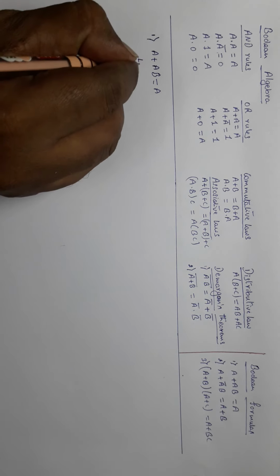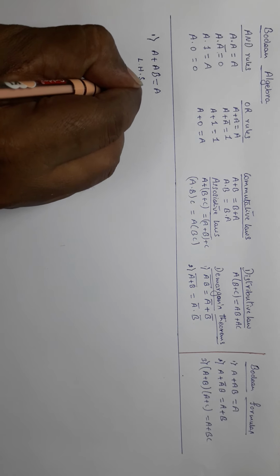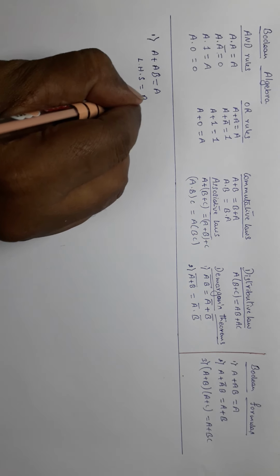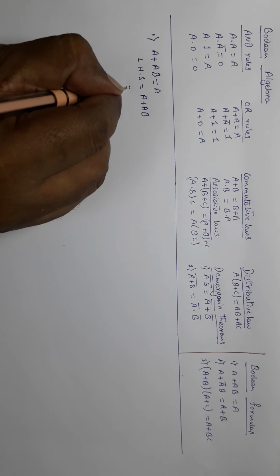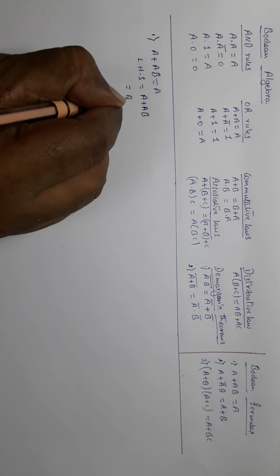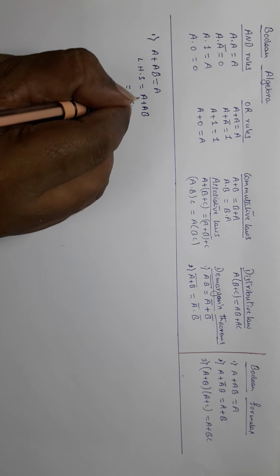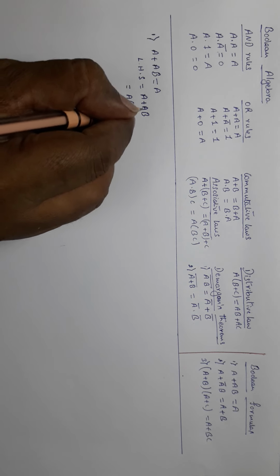So we take the LHS. LHS equals A plus AB. We can take the common term A in these two terms.